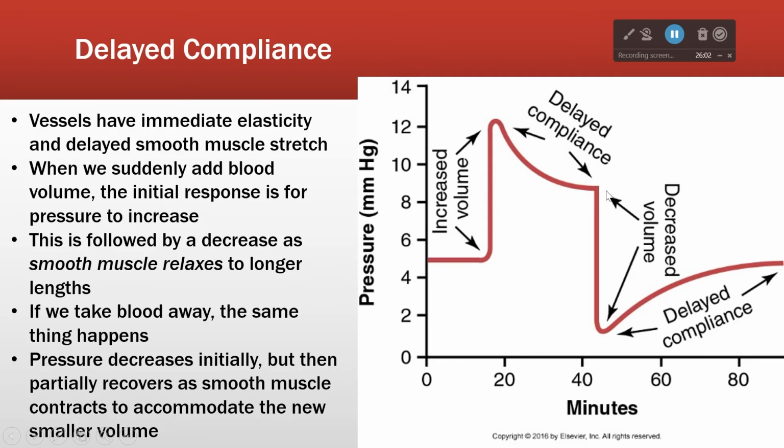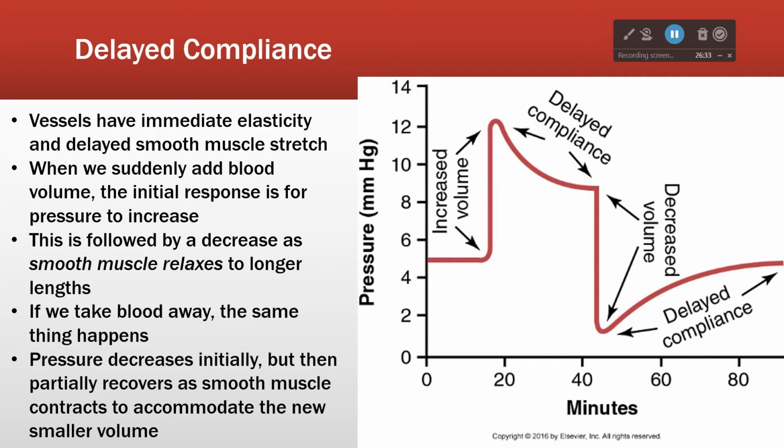Now, the same thing happens when we take blood away, all right? So now we've sent him to the blood bank and we've taken a unit of packed cells off of him, okay? Well, the decrease in volume will result in a decrease in pressure, a big one at first, but then as the smooth muscle now contracts and the elastic fibers kind of snap back, we'll have a slow increase in pressure that we also call delayed compliance.